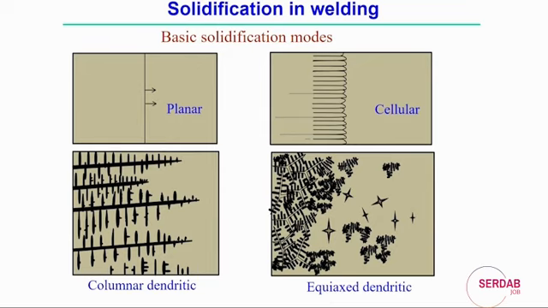Another is the equiaxed dendrite. The dendritic structure exists within a grain, and there are several grains of almost equal size. Within each grain there may be a development of the columnar dendritic structure.